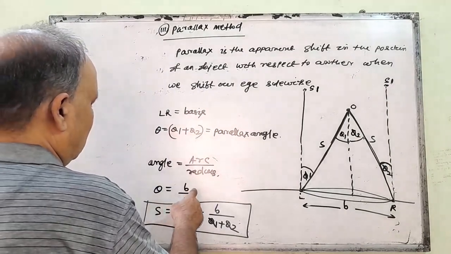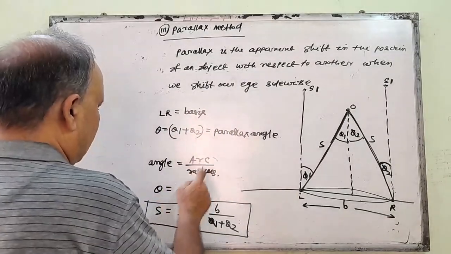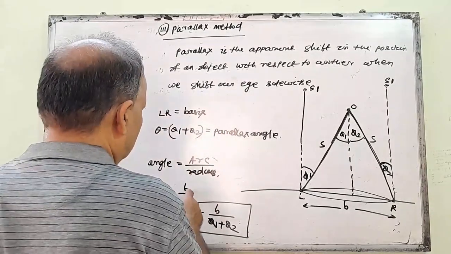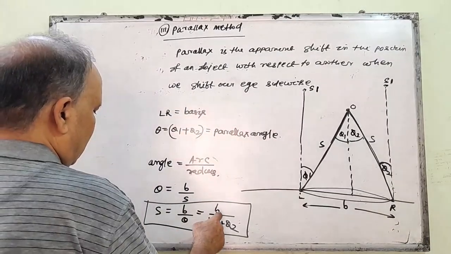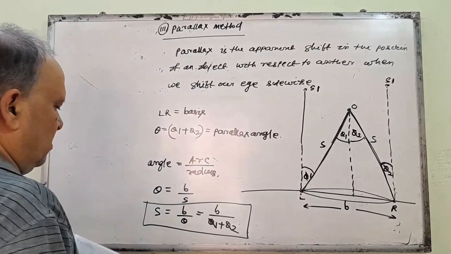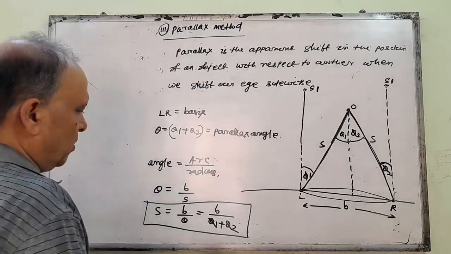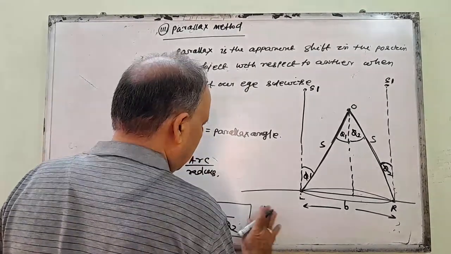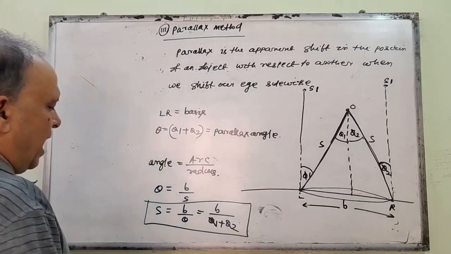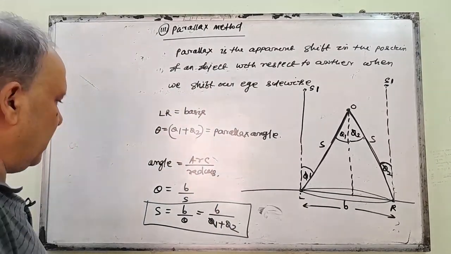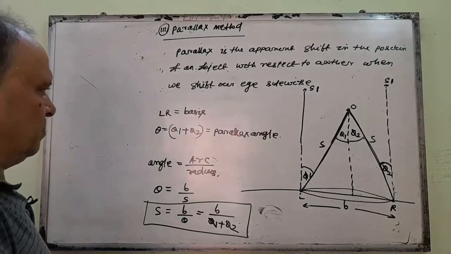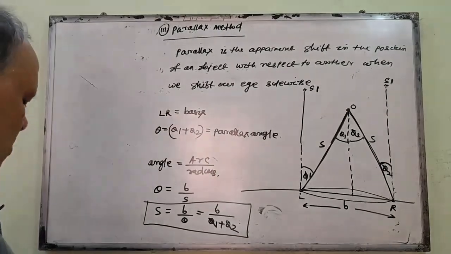You know angle is equal to arc by radius. So theta is equal to B by S, or S is equal to B by theta, or B by phi 1 plus phi 2. So by knowing B and phi 1 and phi 2, or by knowing B and theta, we can determine the distance from O to L or from O to R.